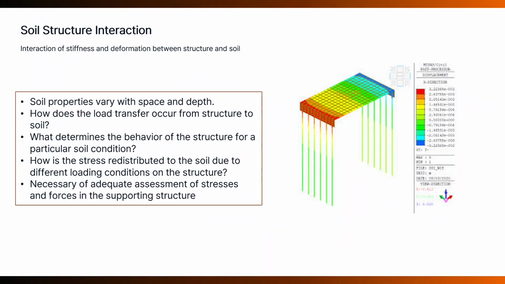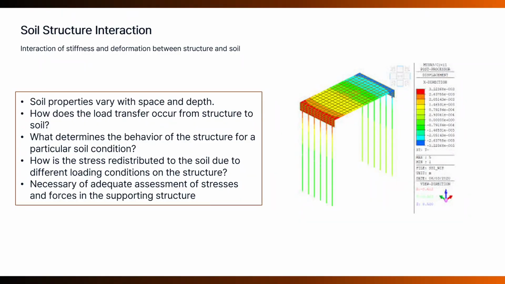The next question comes, what determines the behavior of the structure for a particular soil condition? You have different types of soils like sand, clay, sandy clay, rocks, and soils that liquefy. As we have discussed earlier, depending on the soil type, you have different behavior and different loading conditions.